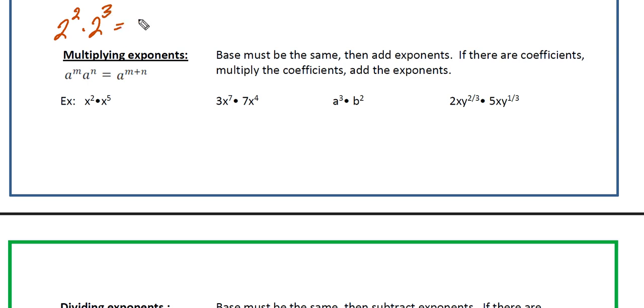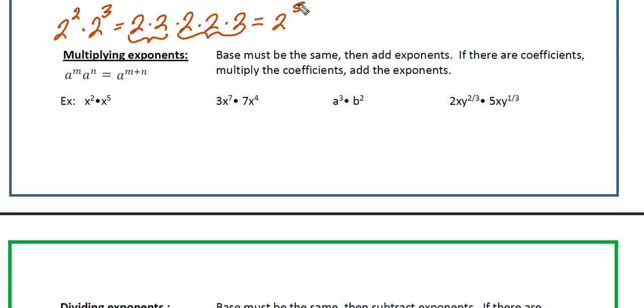We know what 2 squared is. That's 2 times 2. And 2 to the third power is just 2 times 2 times 2. If we rewrite this, this is just multiplying 2 five times. So that's 2 to the 5th power.